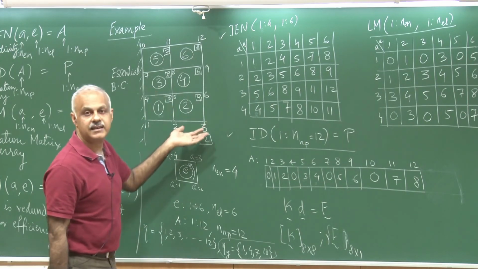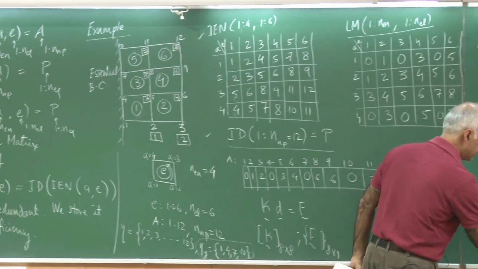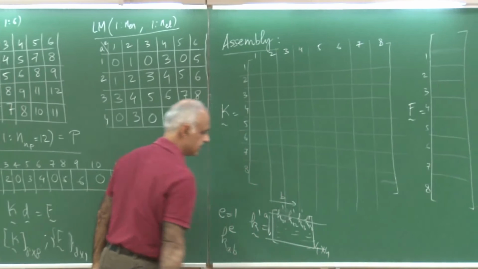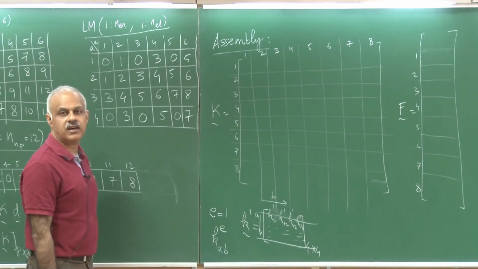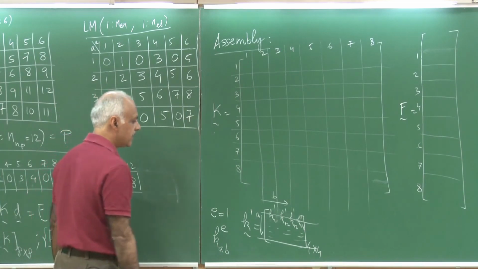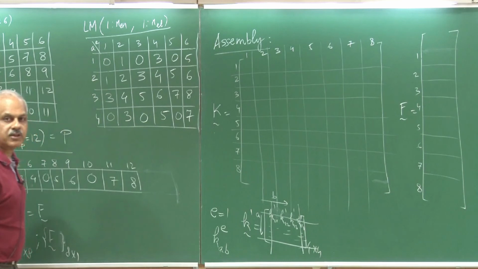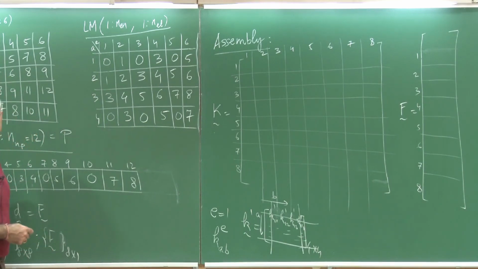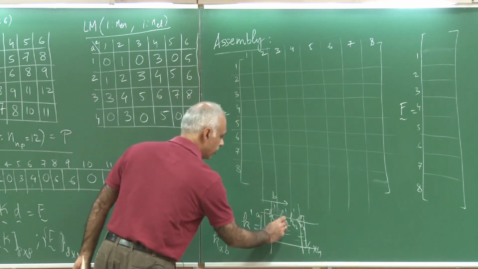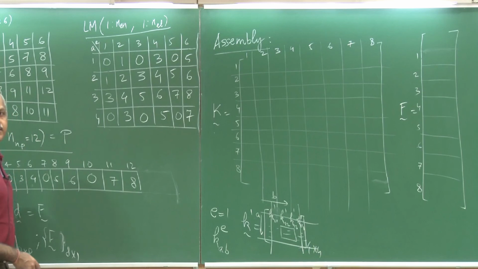They do not get assembled at all. Similarly, the first column and the last column do not contribute because there are no unknowns corresponding to them. I would end up assembling only a 2 by 2 matrix out of these.